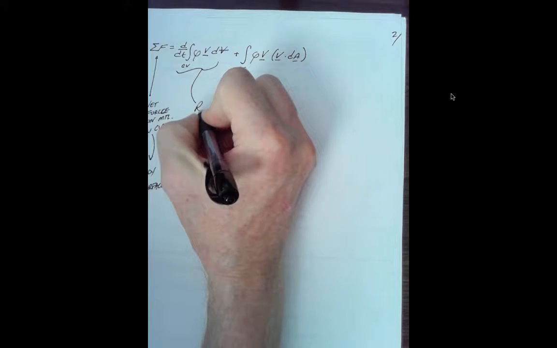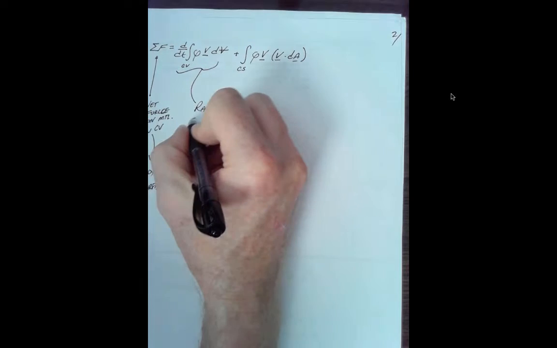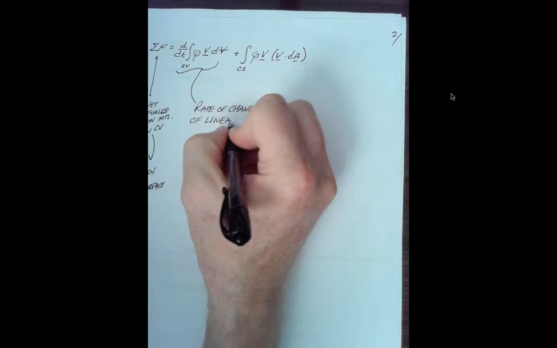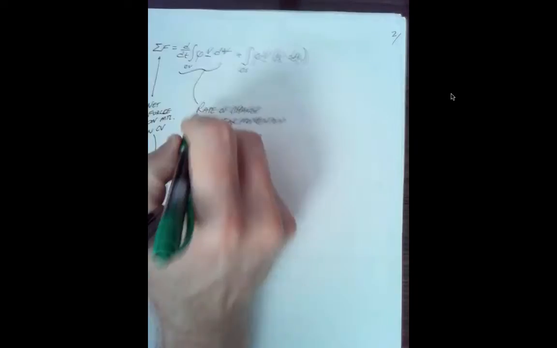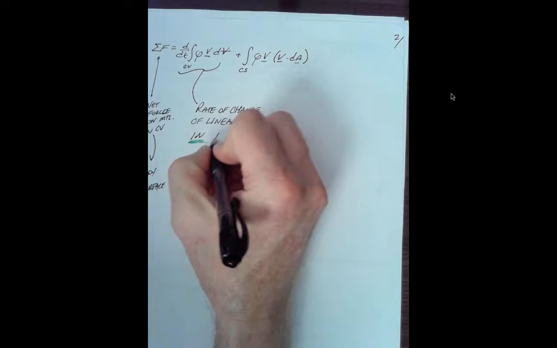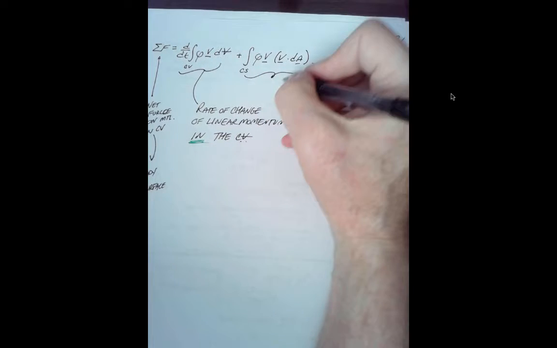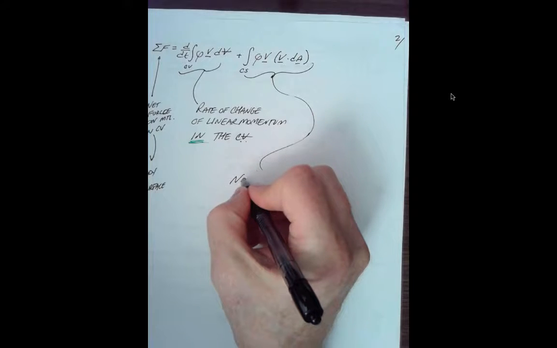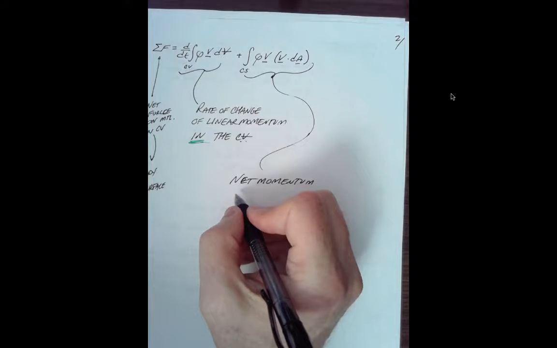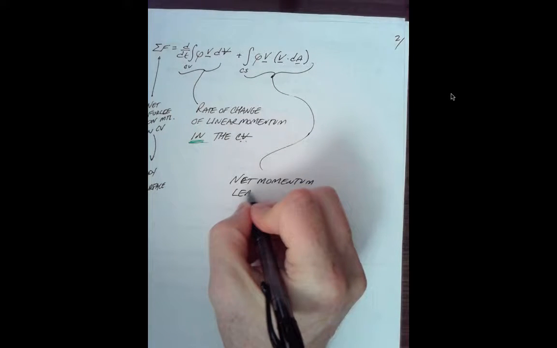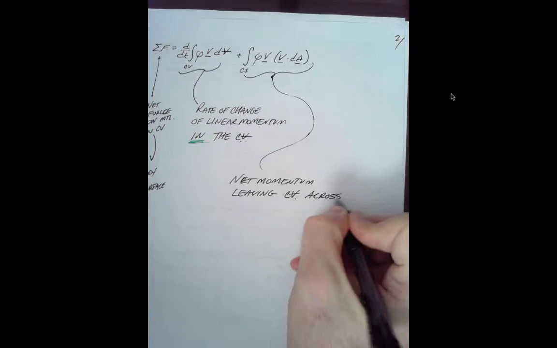This is the rate of change of linear momentum in the control volume. And this is net momentum leaving the control volume across the control surface.